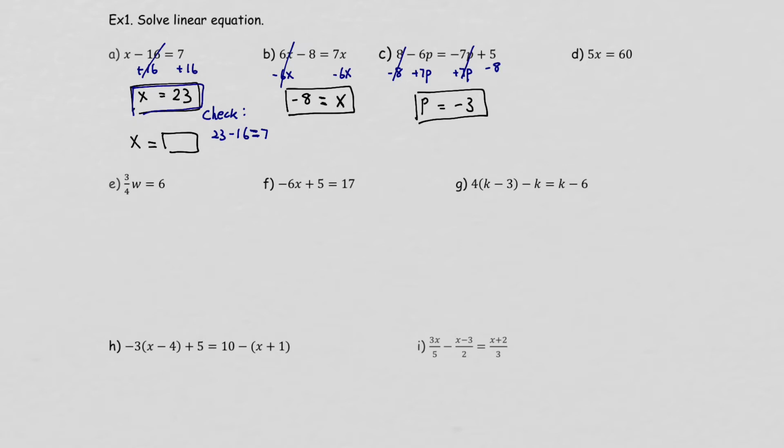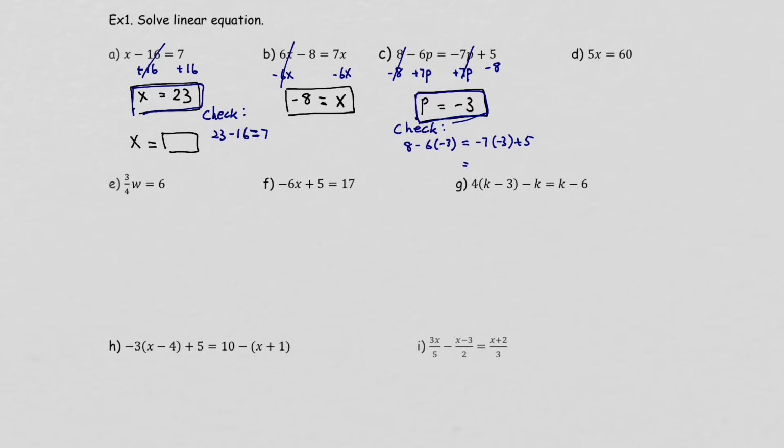Same thing on this one. So if you replace p with negative 3, both sides should always be equal, right? And if this is equal, we are sure that your p has to be negative 3.